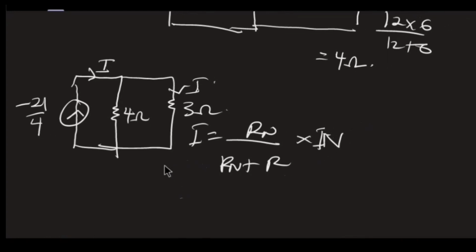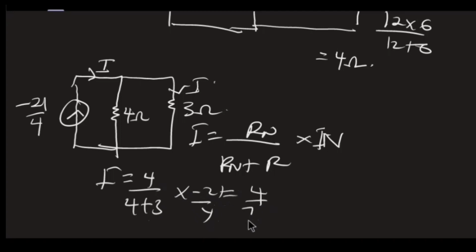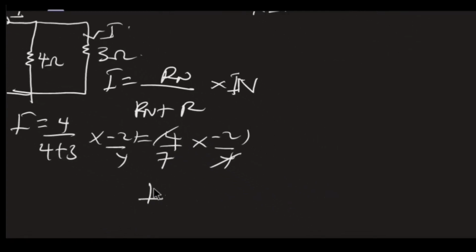That is the current division rule. So our I will simply be equal to 4 over 4 plus 3 times negative 21 over 4. This is equal to 4 over 7 times negative 21 over 4. This will cancel this, and my current will be equal to negative 3 amperes.